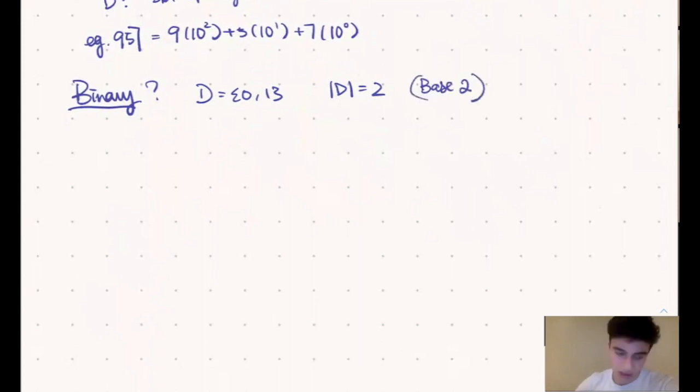So let's take an example expanded in decimal, expanded in binary, and then turn that back into a binary representation of the number.